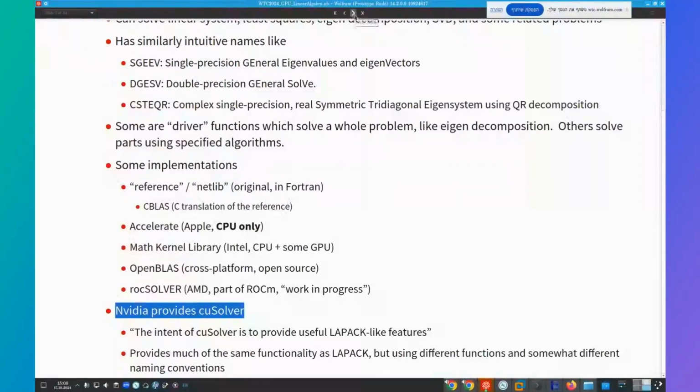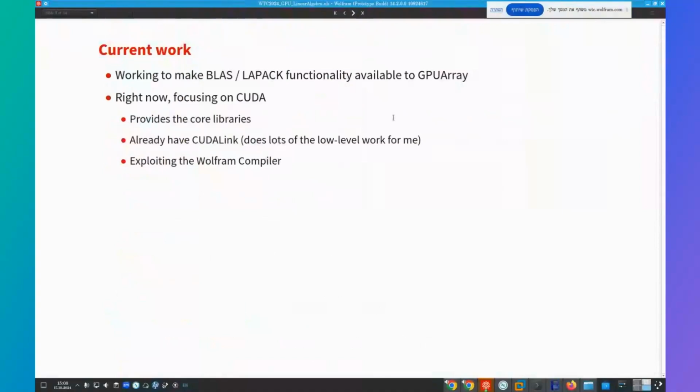Okay, so why did I tell you all this history? Well, that's to explain how I'm approaching linear algebra support for GPU array. So right now I'm focusing on CUDA. As Charles mentioned in his talk, if you attended it, right now we have CUDA working and some support for Apple.